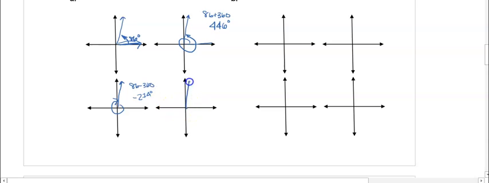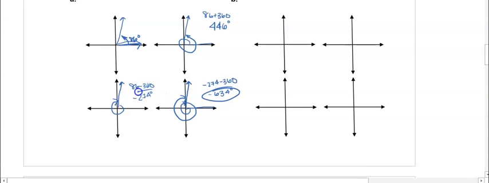And then the last thing we're going to do is do it again, but instead of stopping right there, we're going to go around again. So now I have negative 274 minus 360, and that's going to get me negative 634.